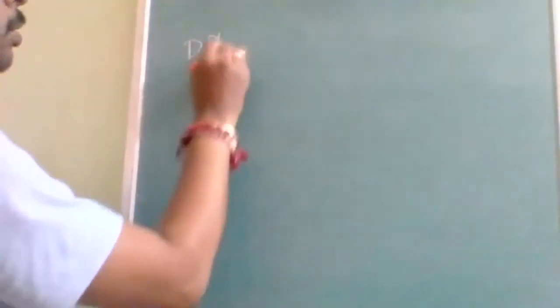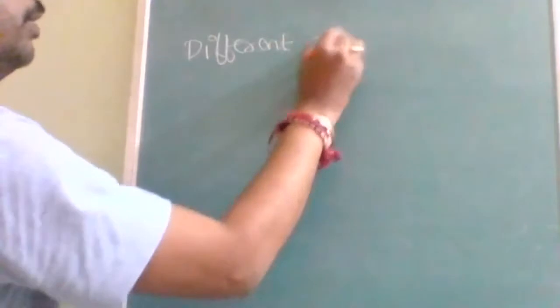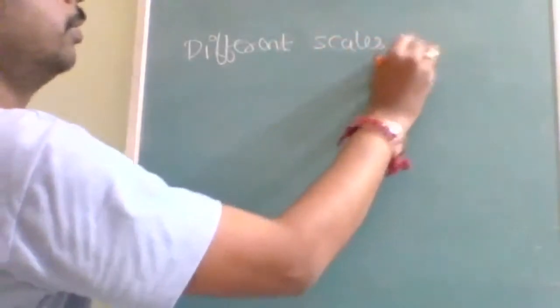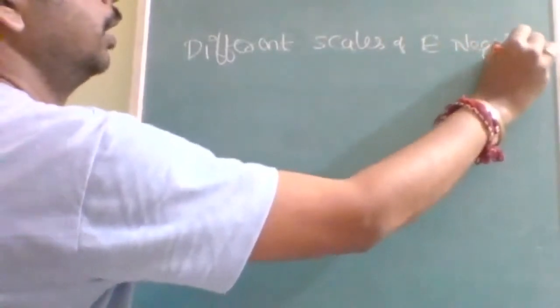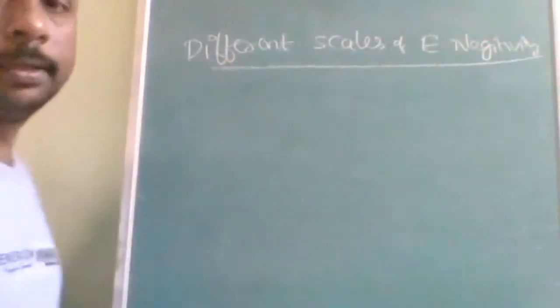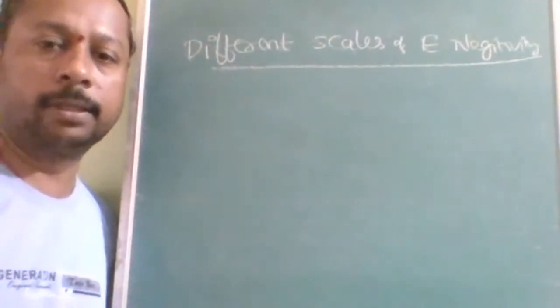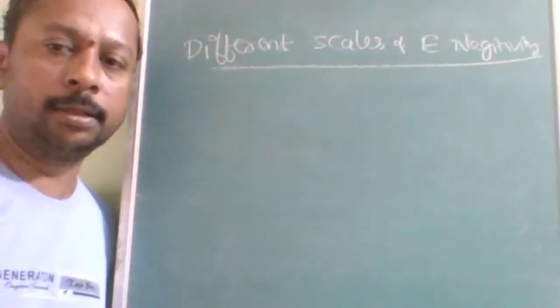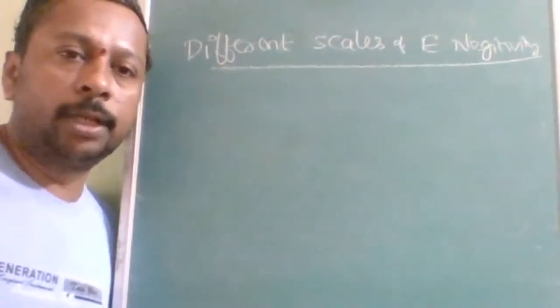Now write down three different scales of electronegativity. These three electronegativity scales are very important, and there are chances that in this chapter there are only two types of numericals.